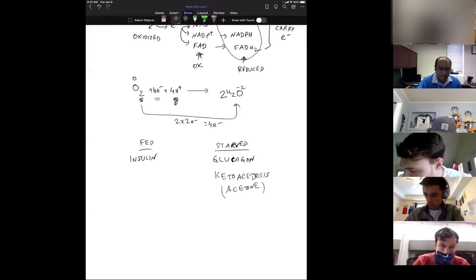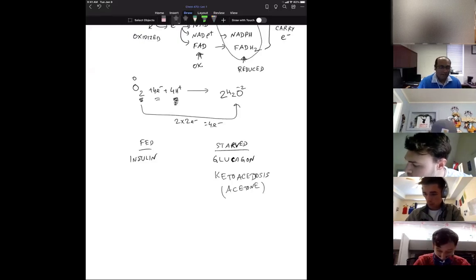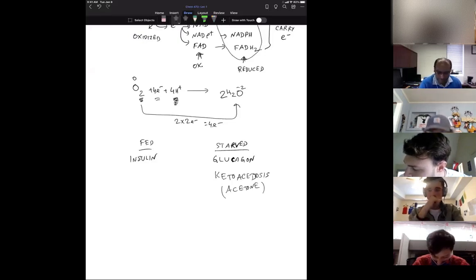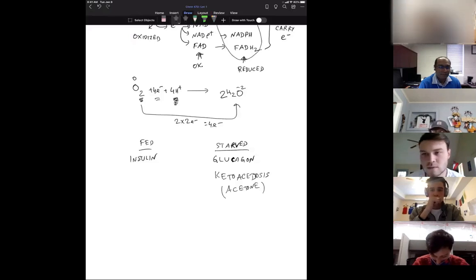So these will release protons, and that will lower the blood pH, which is really bad. Okay, so in prolonged starvation, when the body taps into fat, the fat breakdown makes small molecules like acetone and others, which release protons. The protons go into the blood, and it will lower the blood pH, which is really bad.